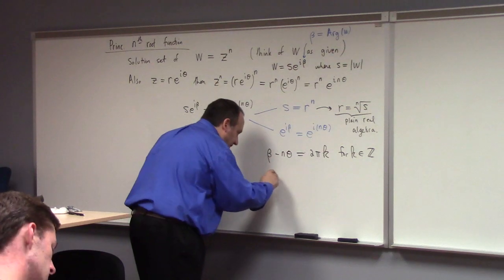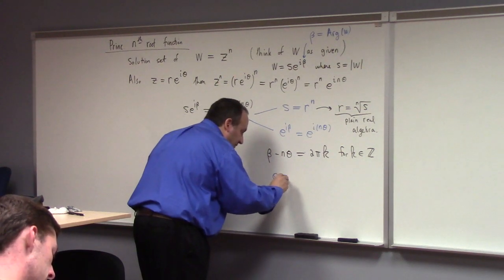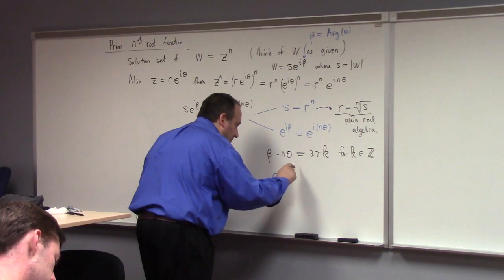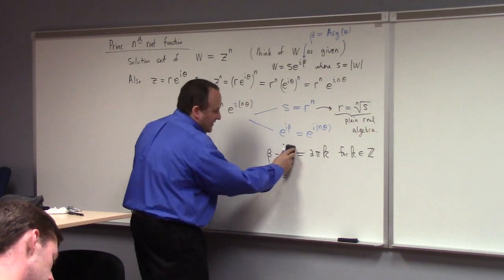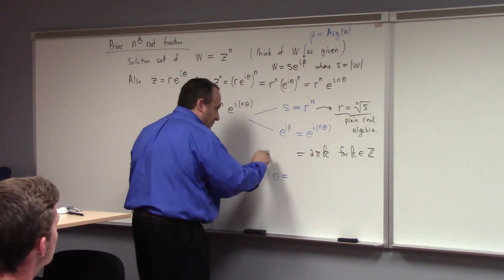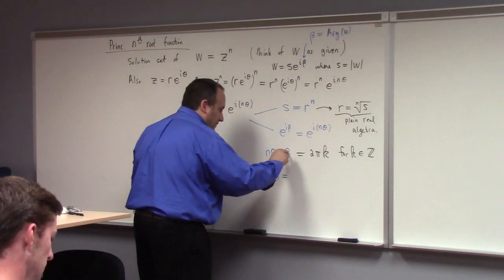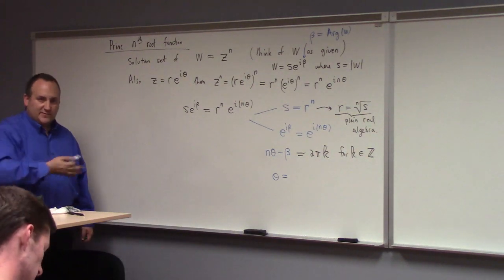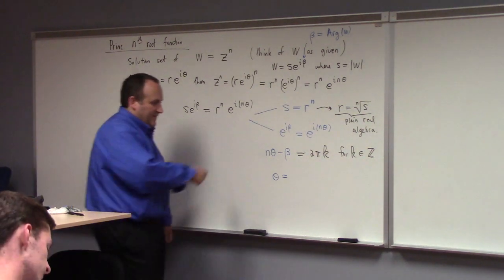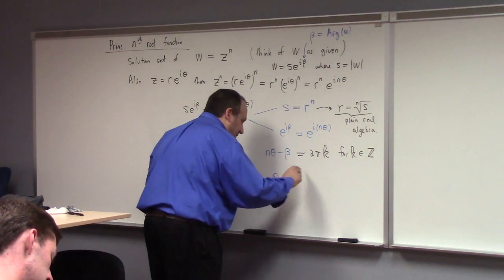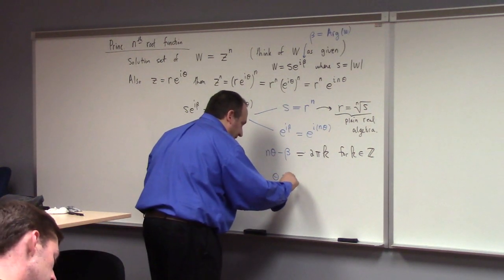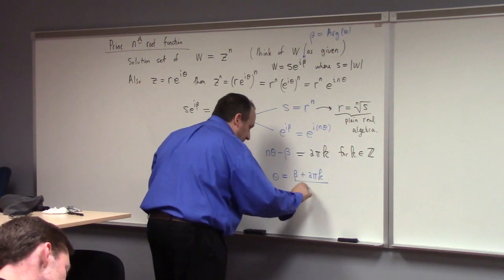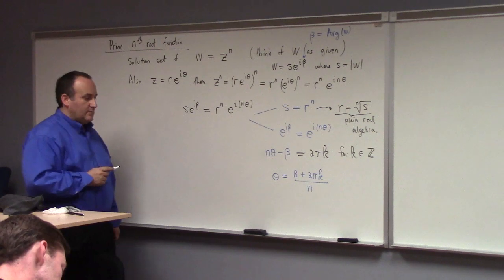What do we get? I'm going to make a slight change of notation here. I'm basically just redefining k as minus k. No loss of generality there because it's just an integer, but that makes the formula nicer. Theta is equal to beta plus 2 pi k over n.